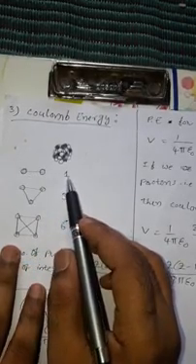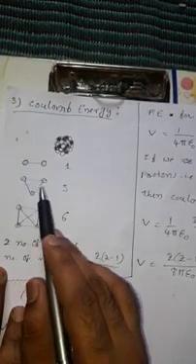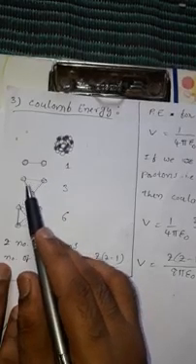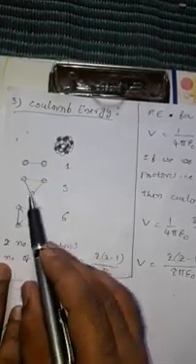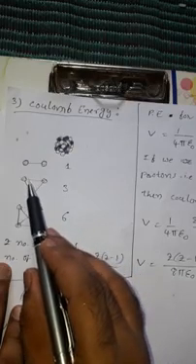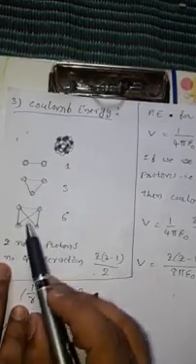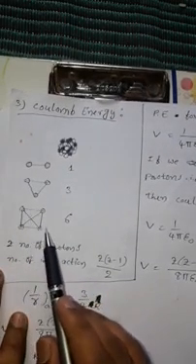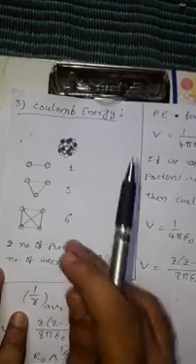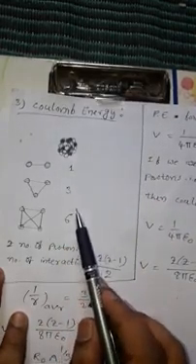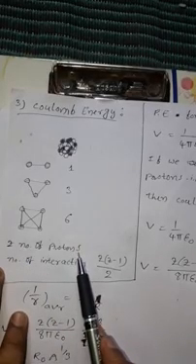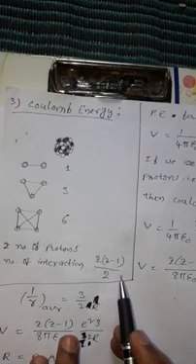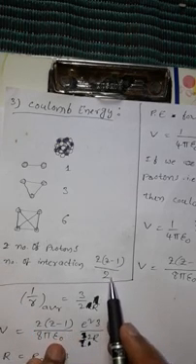Only one. Let us take 3 protons. How many interactions are there? 3 only. That means how many pairs of protons? 3 only. If we take 4 protons, how many pairs of protons are there? 6. If we generalize the formula for Z number of protons, we get Z into Z minus 1 by 2 number of pairs of protons.